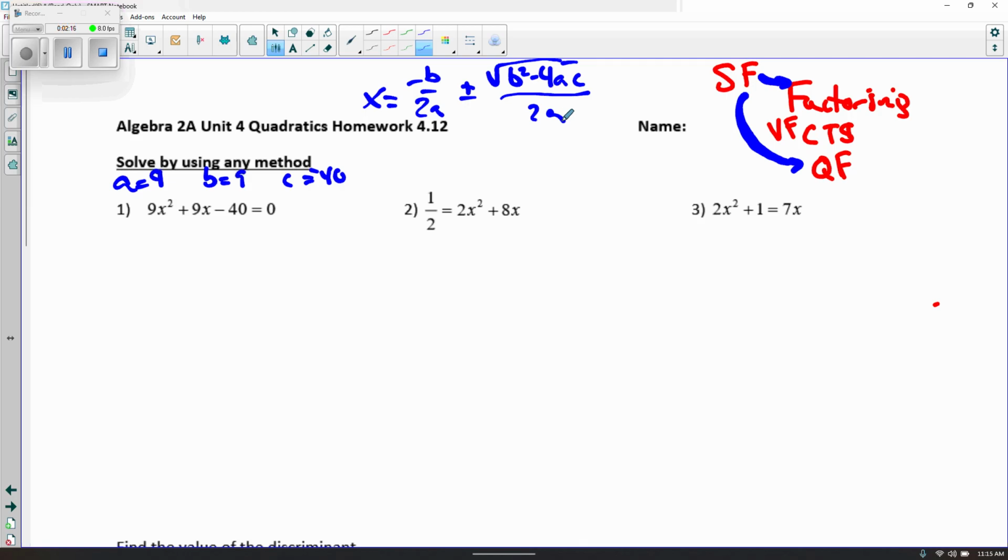Now, guys, when I put in negative 9 over 18, that is an indicator that my numbers are too large. Now, plus or minus the square root of 81 minus 4 times 9 times negative 40. Who in the world would want to multiply that together?